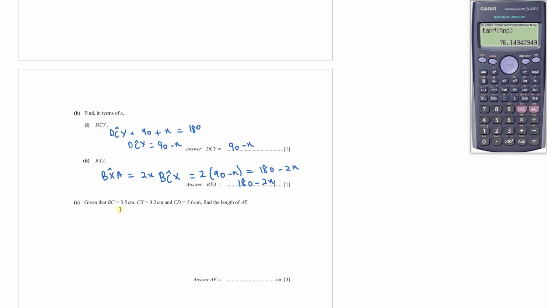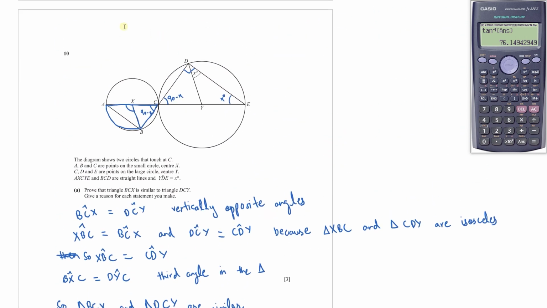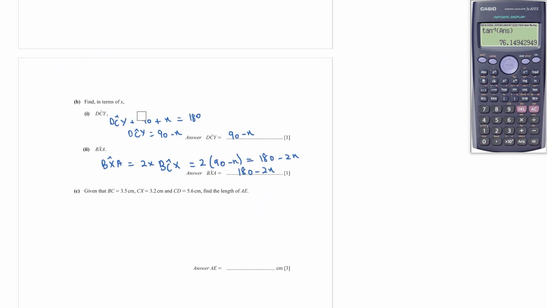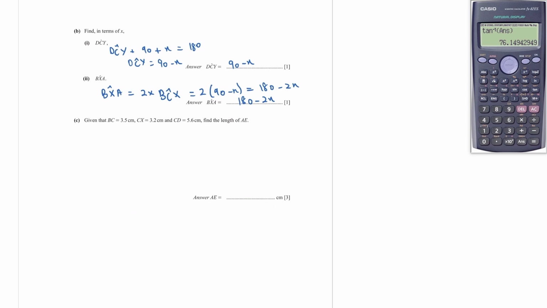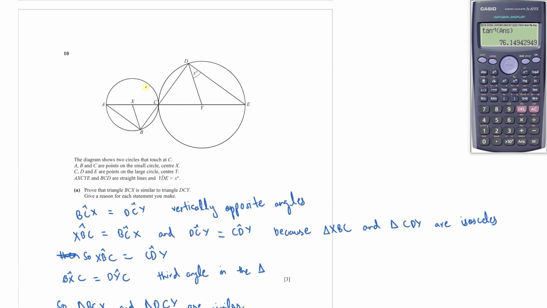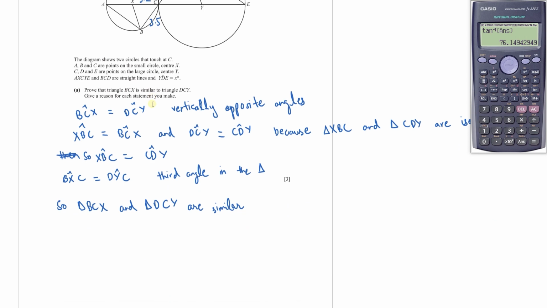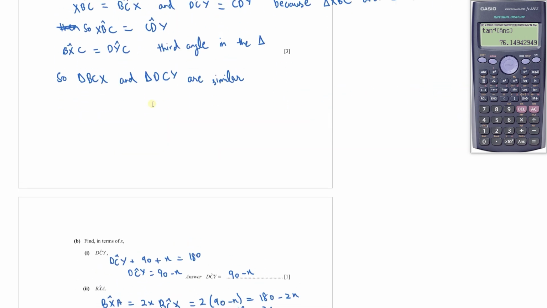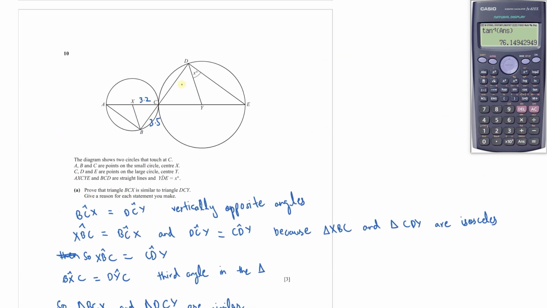Part C is given that BC is 3.5, CX is 3.2, and CD is 5.6. Find the length AE. So let's erase everything and mark these lengths. So BC is 3.5, CX is 3.2, and CD is 5.6.